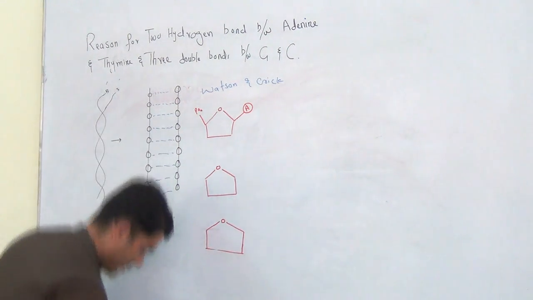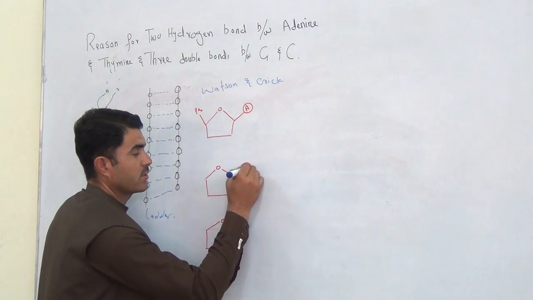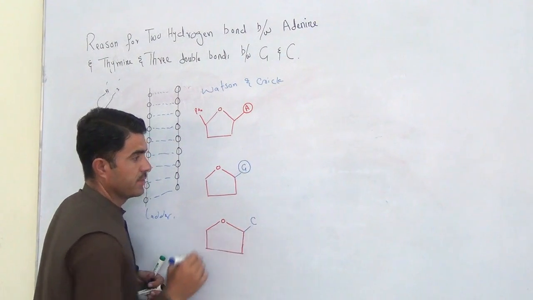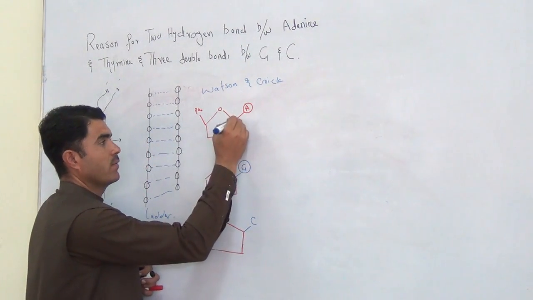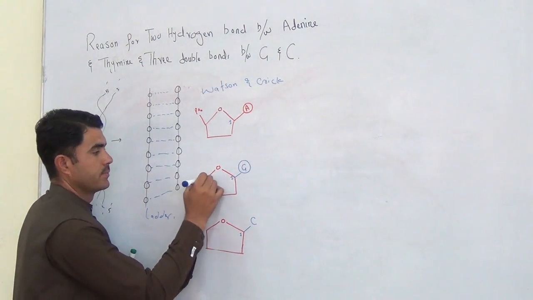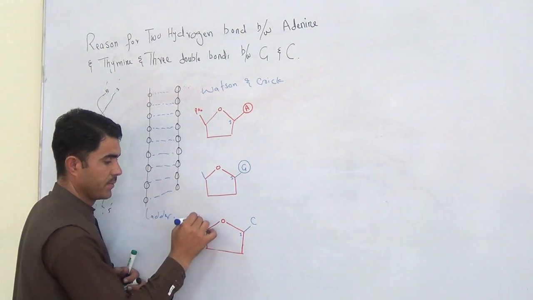So I can write here another nitrogenous base, guanine. Here cytosine. Remember, always you must attach this at carbon number 1, and this is phosphate here.